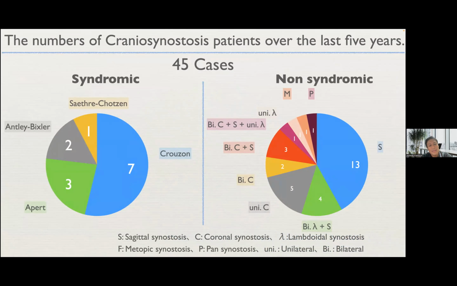In non-syndromic cases, sagittal synostosis was most common with 13 cases. Unilateral coronal synostosis with 5 cases, bilateral lambdoid synostosis with 4 cases, bilateral coronal synostosis with 3 cases, and bicoronal synostosis with 2 cases.